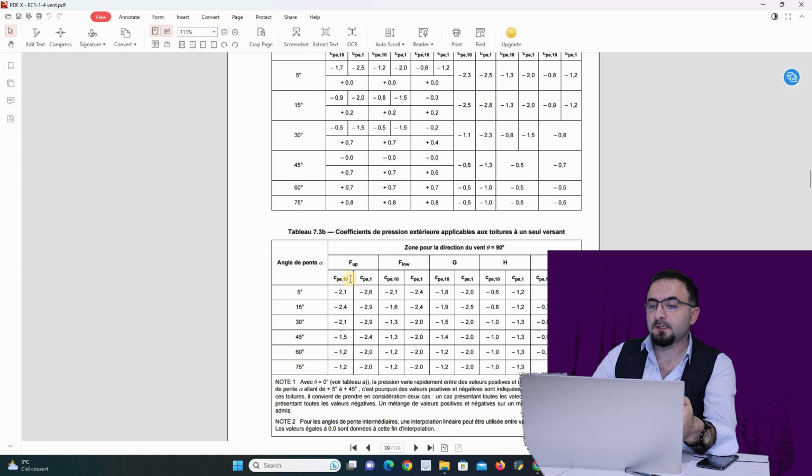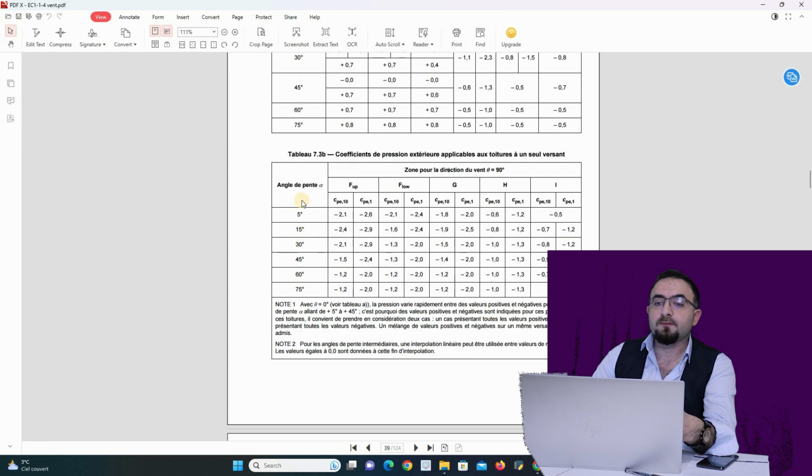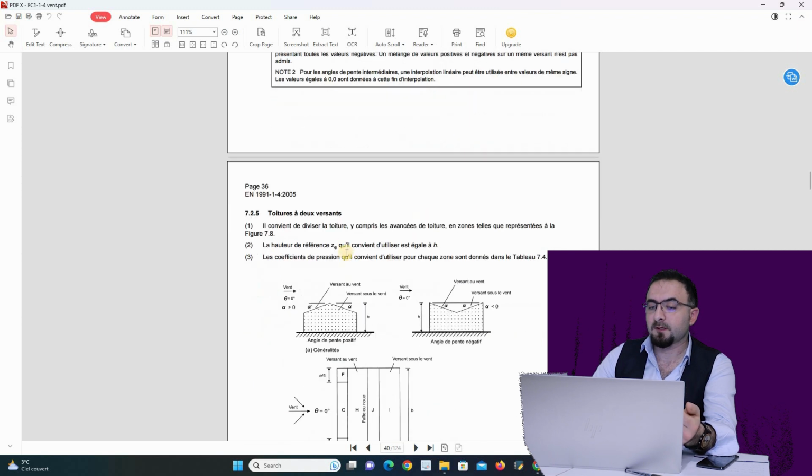We have different types of angle, because the roof is not always at the same angle: 5, 15, 30, 45, 60, 75.